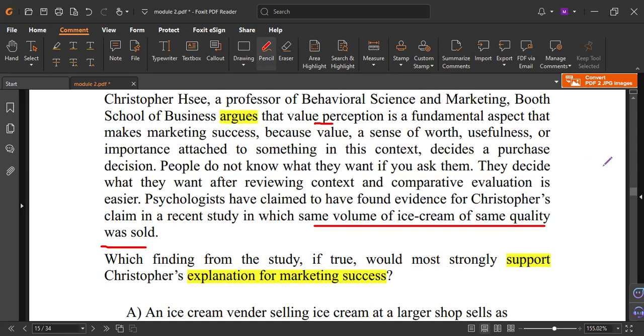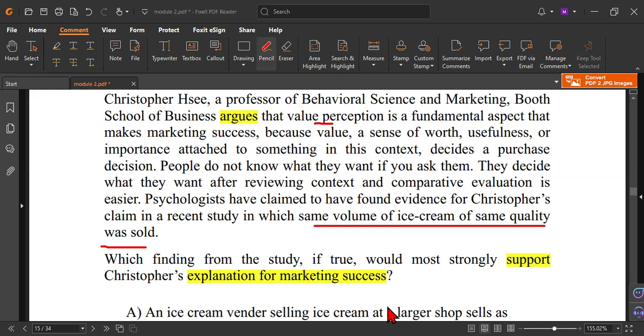So you must know what you are going to do. If you help the buyer to know what they are going to do, it will be easier for them to know what's going on. Feel it? Yeah. And what he wanted is that the same quantity of ice cream in a smaller cup appears to have more value than ice cream in a larger cup.